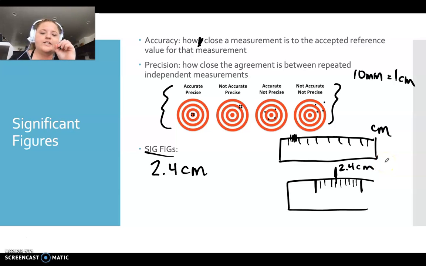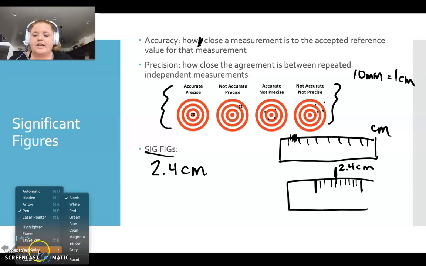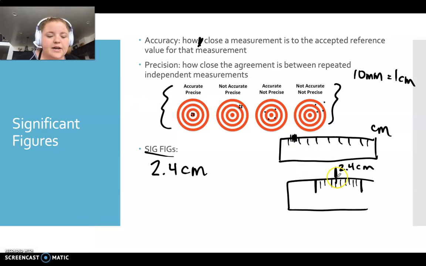I can only get so accurate when I'm measuring, because I could be looking at it and it's very close to that line, but it might actually be right here. So whatever I'm measuring might actually be just a tiny bit over that line.